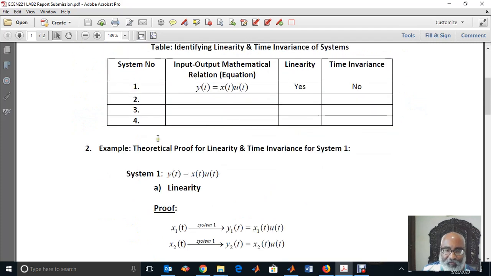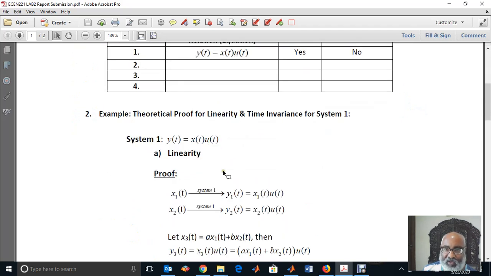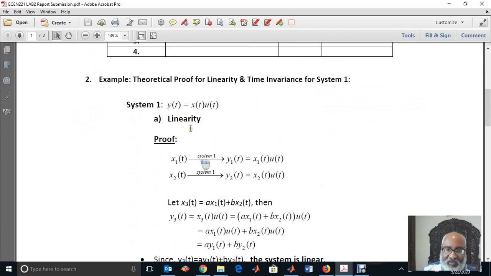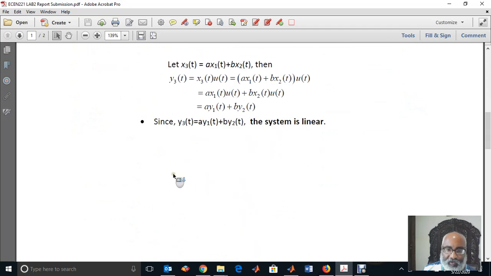Then by following these steps, you will prove whether each system is linear, time invariant, and you will complete this table. In the theoretical analysis, we have to see the proof for each system, like I did here for system 1. You have to do it for system 2, 3, and 4.